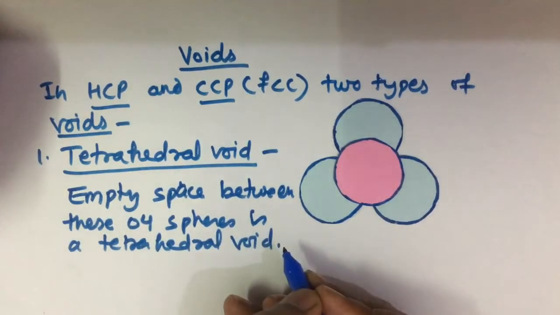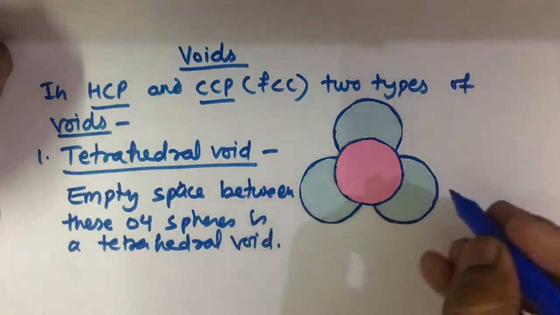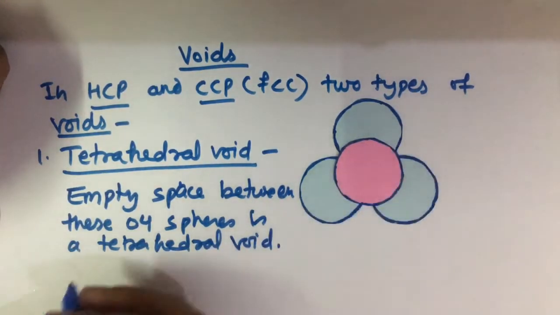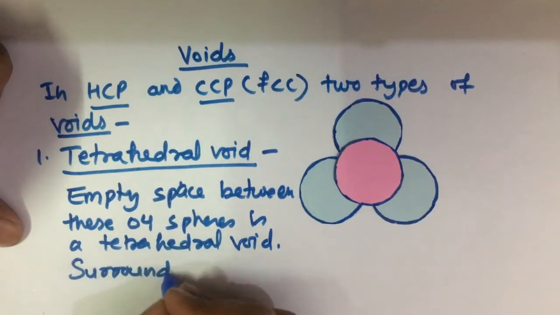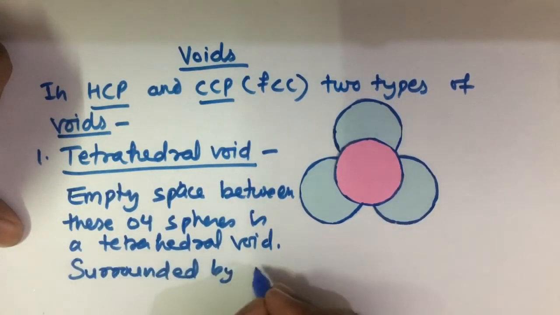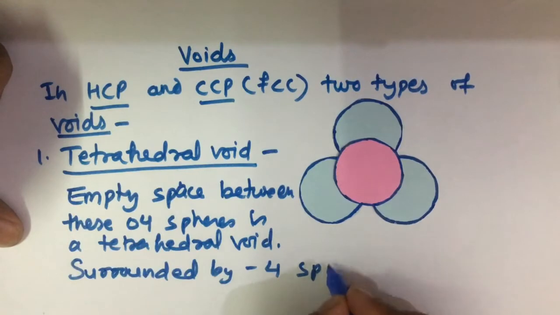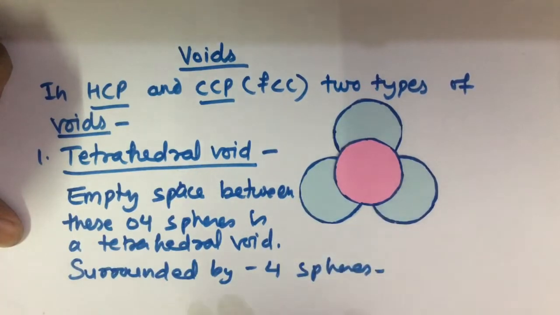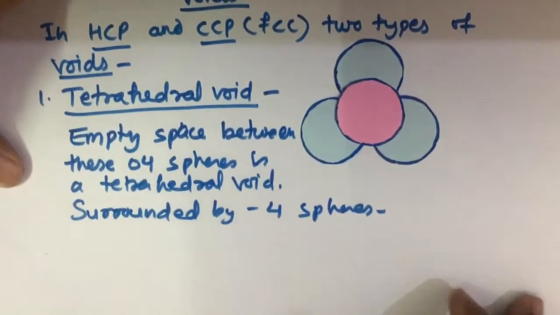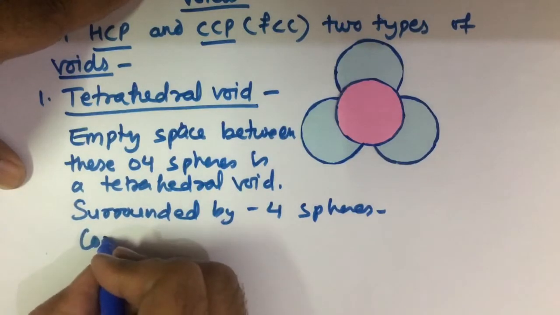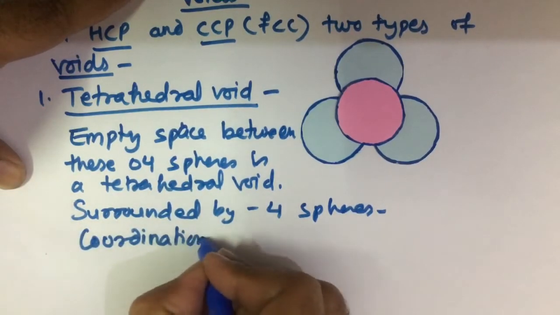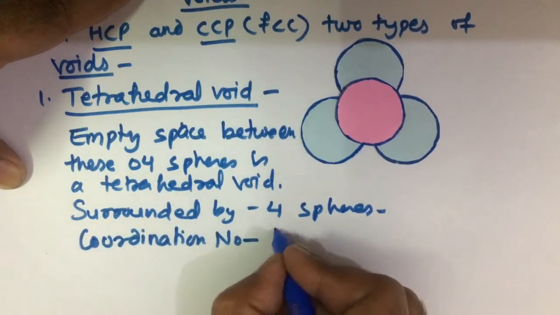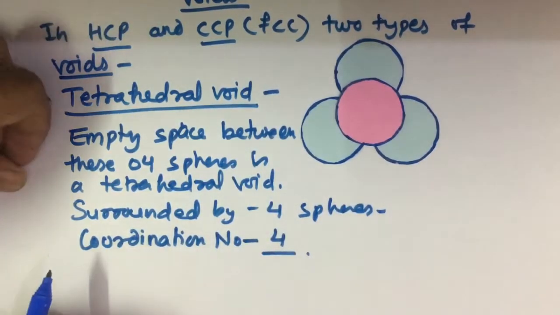void. Now the tetrahedral void is surrounded by four spheres. So its coordination number of tetrahedral void is 4.